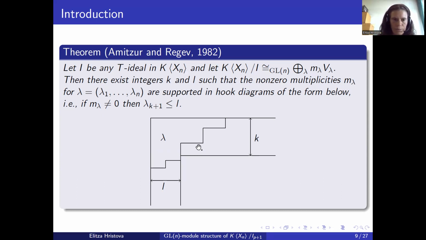So these are all partitions lambda that can appear in the decomposition. Or in other words, this means that we don't know much about the first k rows of our Young diagrams that appear with non-zero multiplicities, but from the k plus first row on, we know that the number of boxes in each row is bounded by the number l.